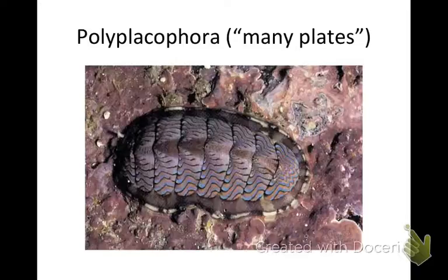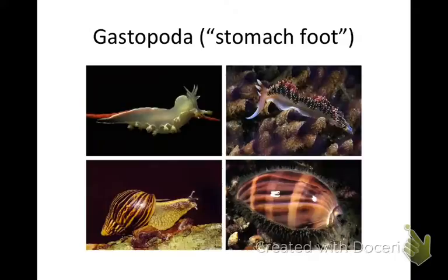There's Gastropoda. Please highlight these are stomach foot organisms. That's pretty much what it means. And these are snails and slugs. Remember, slugs do not have a shell. Snails do. We need to highlight that most of these are marine. Very few are terrestrial.